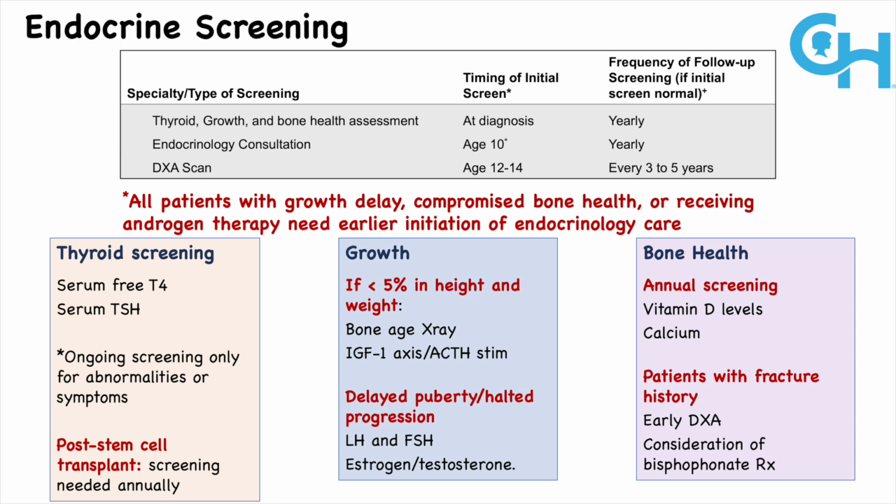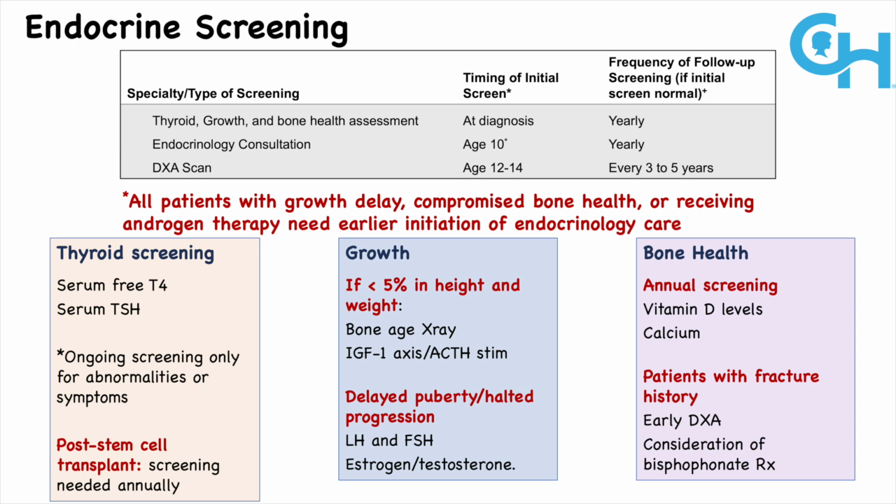Growth, if patients have significant growth delay, as we're getting patients into endocrinology, we will sometimes send a bone age study to figure out if that growth delay is what we call constitutional, meaning they're just slow growers, or if we think that there is a problem with growth.